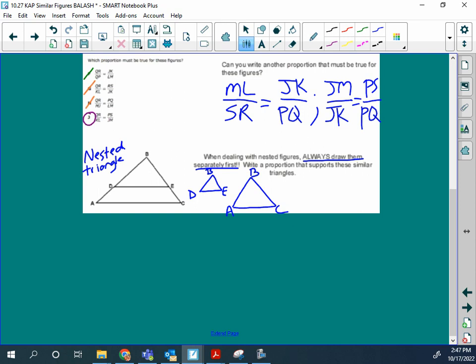And then you could write a proportion that goes with these, okay? Like BD over BA, BE over BC. Okay, there's a whole bunch that you could write, okay? But please make sure that you unnest them first.